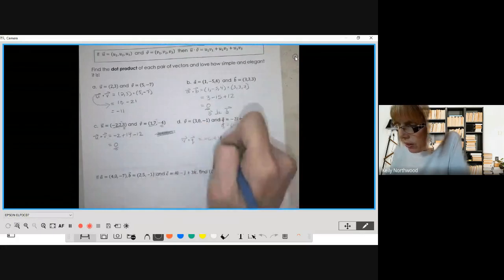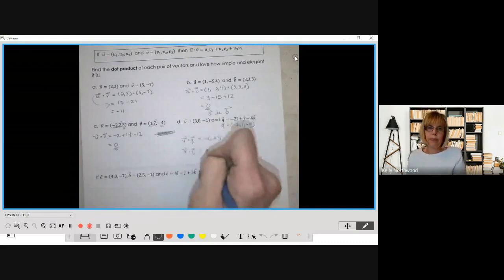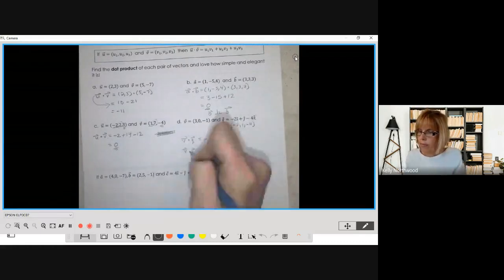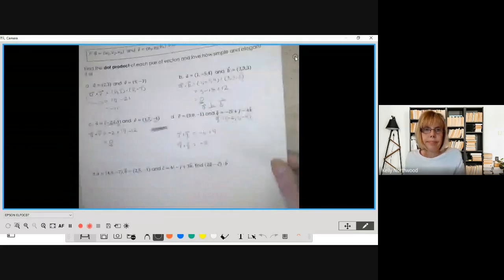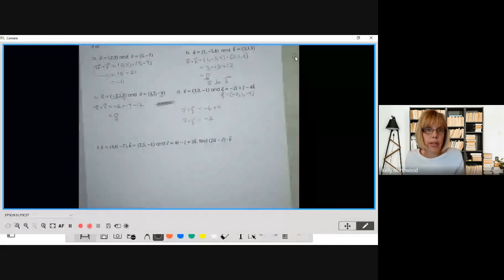So V dot Q ends up being negative 2. It actually is really simple to find the dot product of two algebraic vectors. You just have to practice it a few times, get the notation down and you'll be fine.